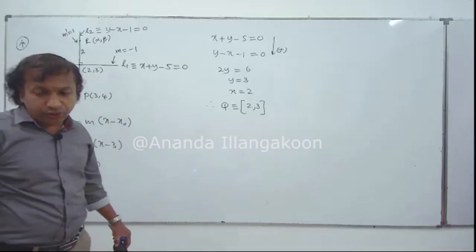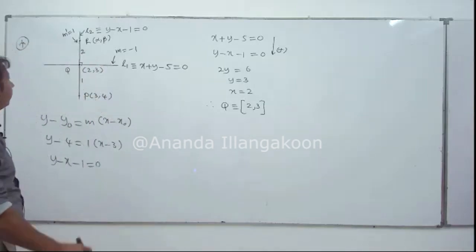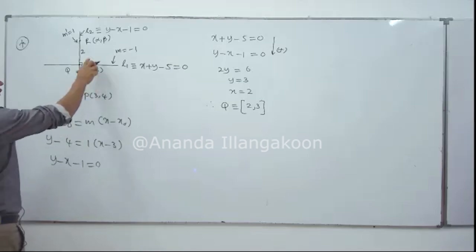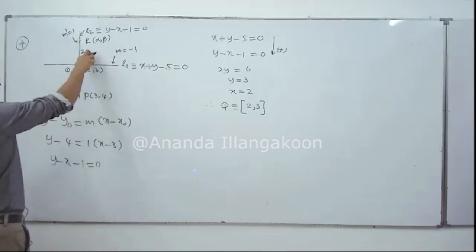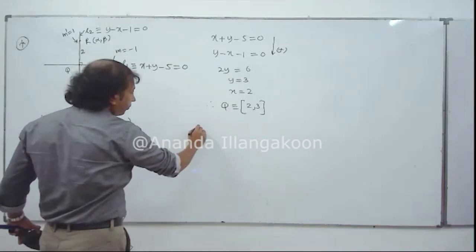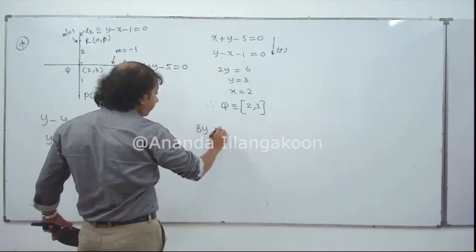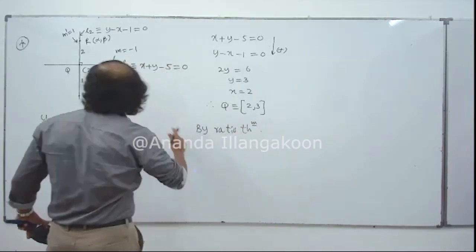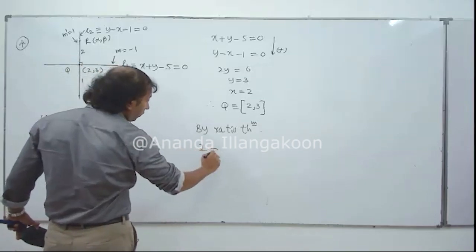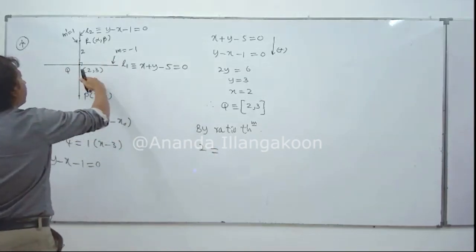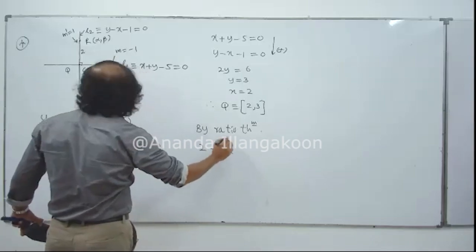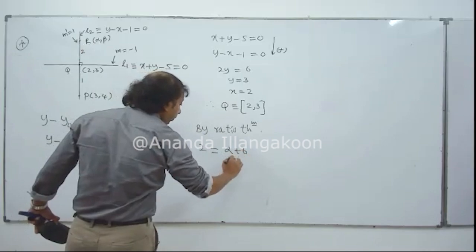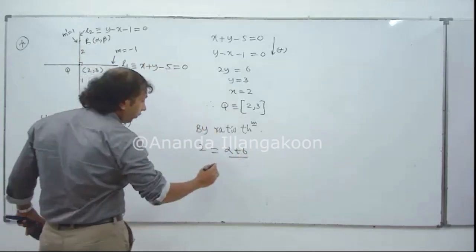Now we can apply the ratio theorem. By the ratio theorem, with 1 and 2, you can write the x-coordinate 2 equals (1 into alpha plus 2 into 3, which is 6) divided by 1 plus 2, which is 3.